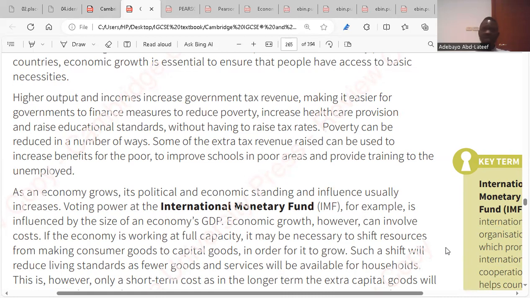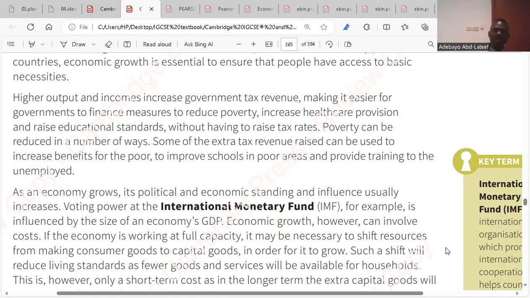Government can do this by taxing the rich more than the poor. That is the point they are making here. So if revenue generated from tax increases, government will be able to help the poor by providing them with education, and with merit goods that the private sector alone cannot provide.